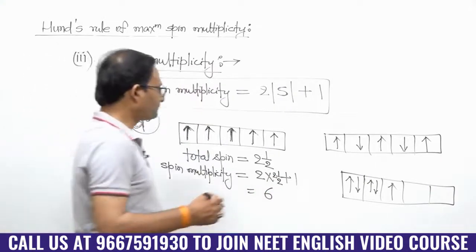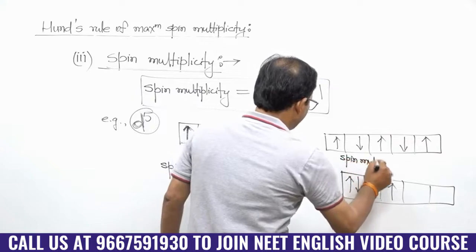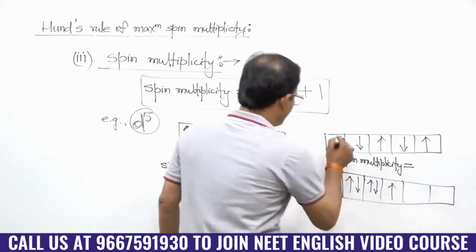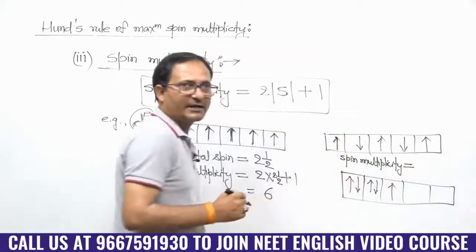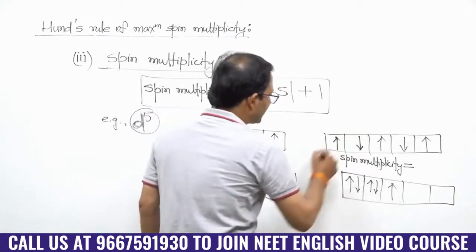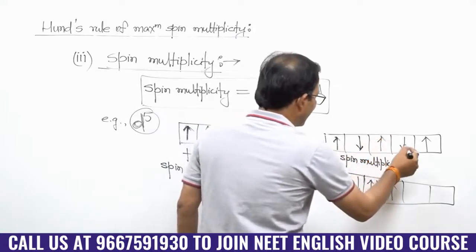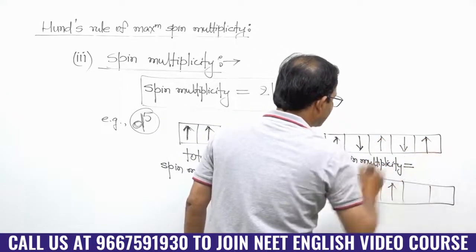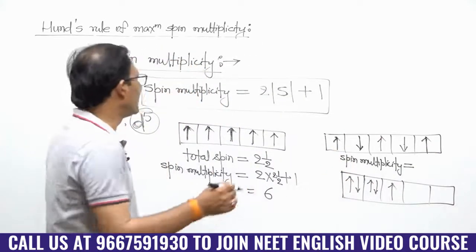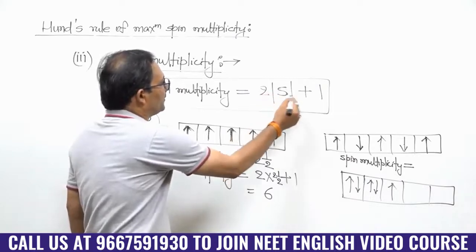Okay. Now, for this arrangement, for the spin up electron, spin quantum number S will be plus half, and for this minus half. Plus half minus half 0. Plus half minus half 0. For this plus half. So here total spin will be plus half only. So this is half, 2 into half plus 1.